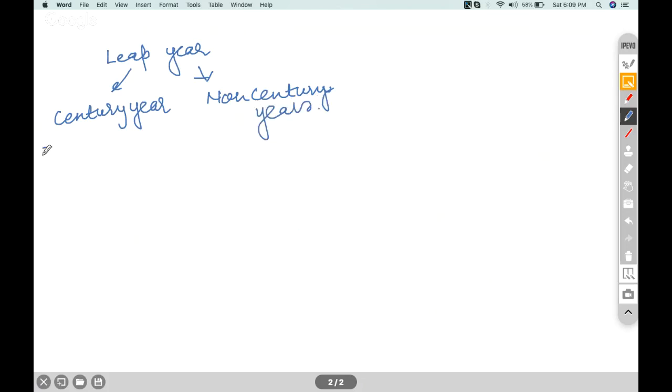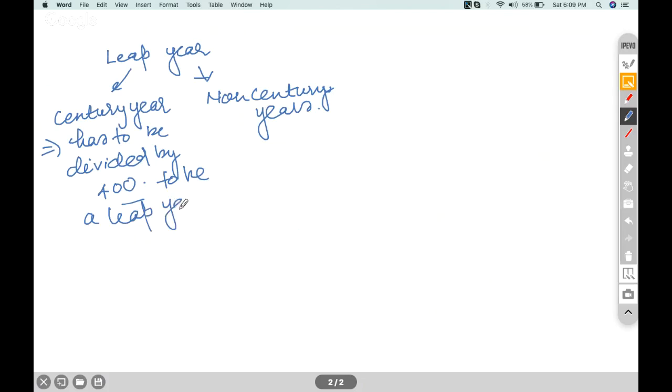A century year has to be divisible by 400 to be a leap year.